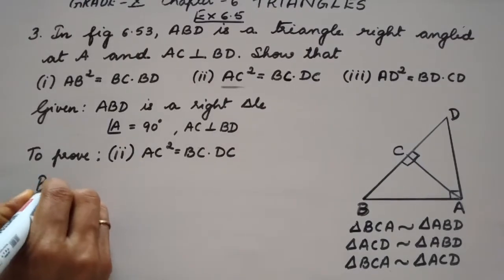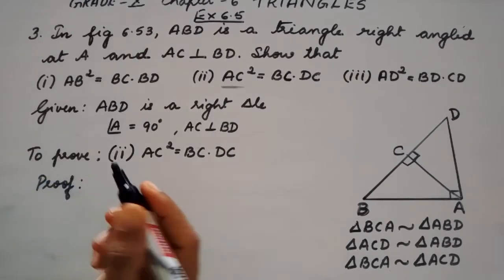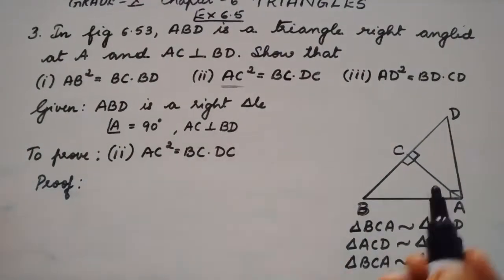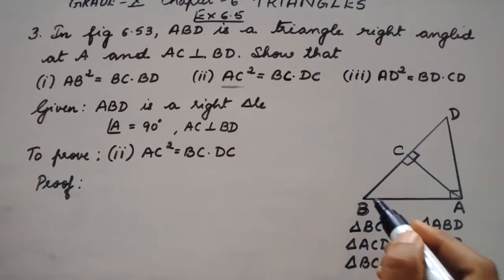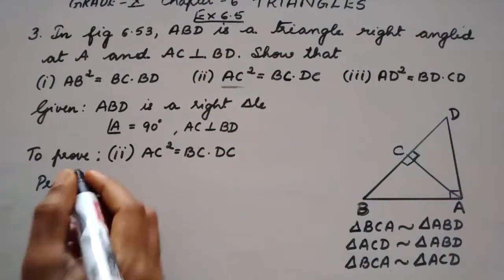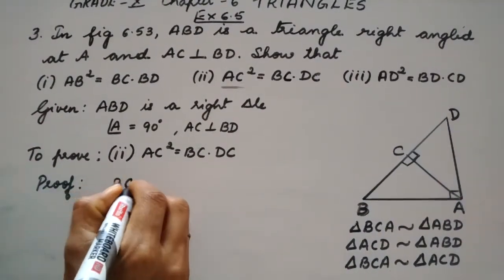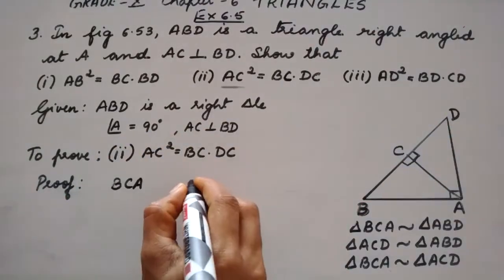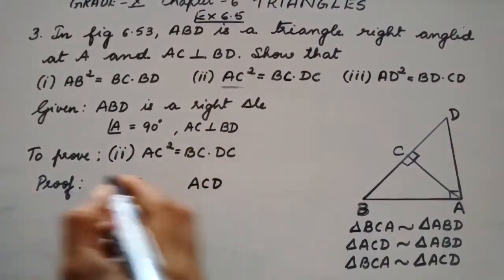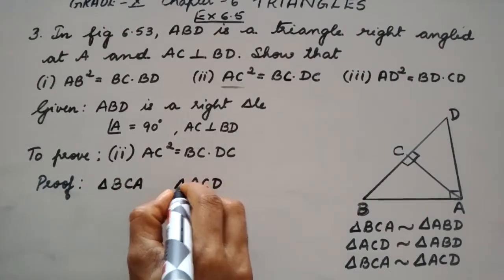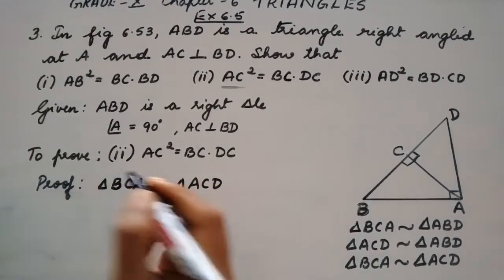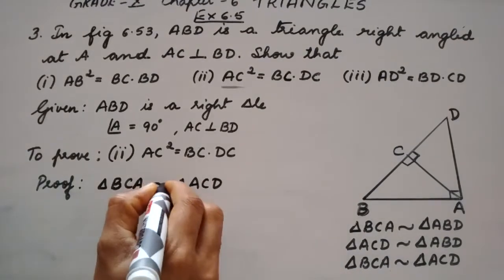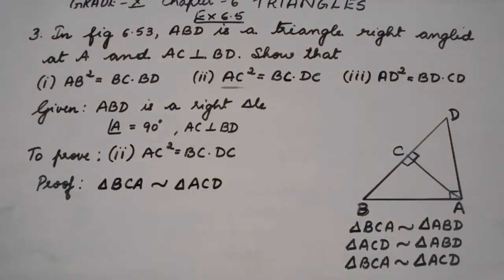The side BC lies in triangle BCA, isn't it? Yes. And the side DC lies in triangle ACD. Now observe these triangles. Are they similar? Yes, triangle BCA is similar to triangle ACD.